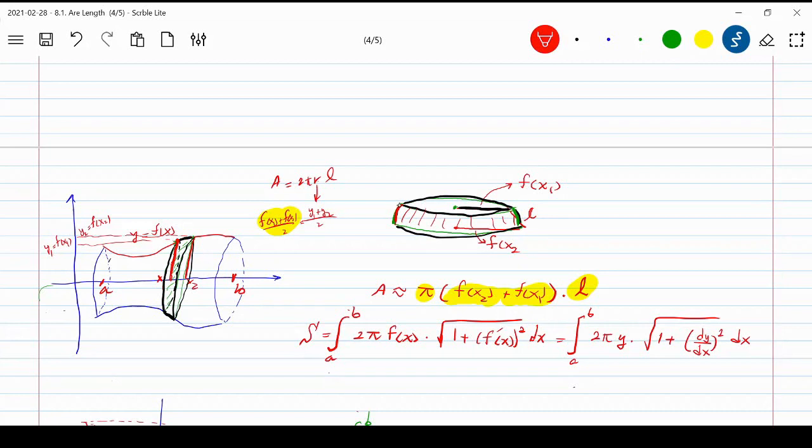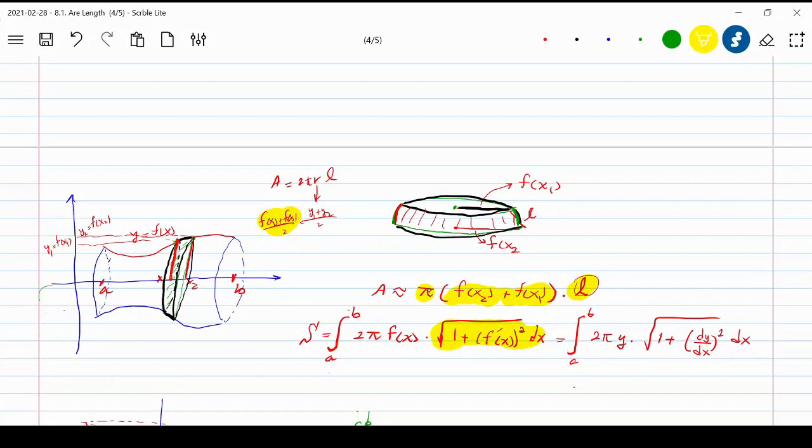The length of the curve L is basically the integration of the square root of 1 plus f prime x squared.